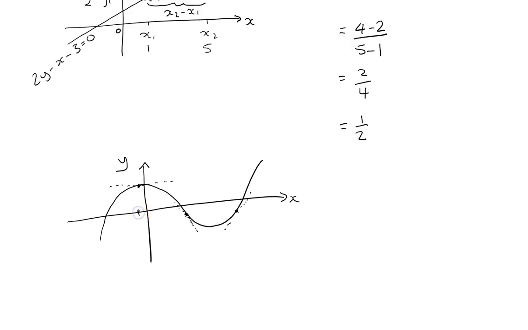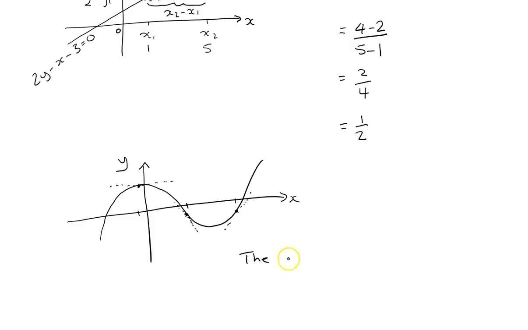So for that x value, we've got a gradient of 0. This x value, it's negative. This x value here, it's a positive gradient. Everywhere along my graph is giving me a different value for the gradient, so it's much more complex to calculate.